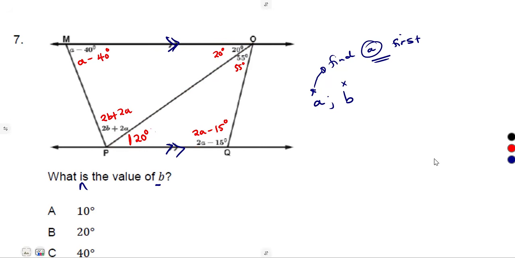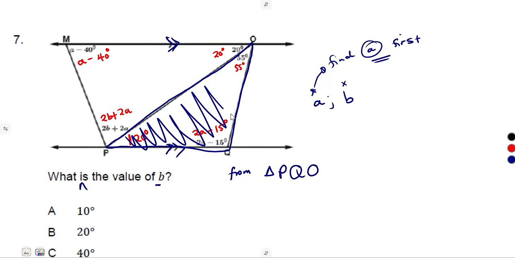So now, considering angles in a triangle from O to P to Q. It's a triangle that you're forming there. So from triangle P, Q, O, let us find A. As we can see, we only have one unknown value in this triangle, which is A. That is the only value to be determined.